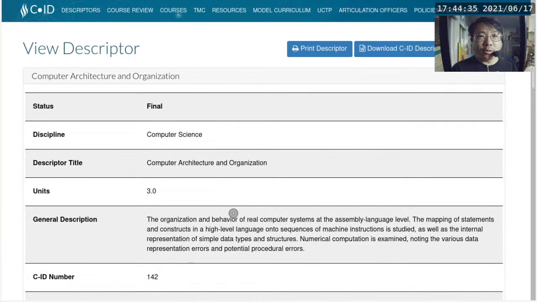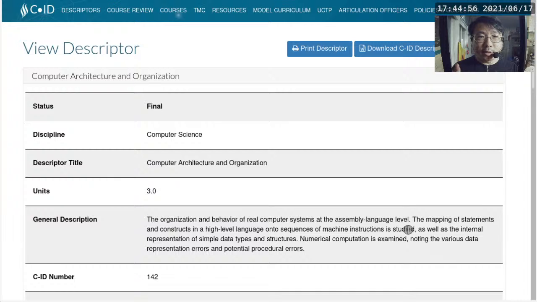So the general description includes the mapping of statements and constructs in a high-level language onto sequences of machine instructions is studied. So we will get to that part, to the point that we'll be implementing recursive subroutines in assembly language.